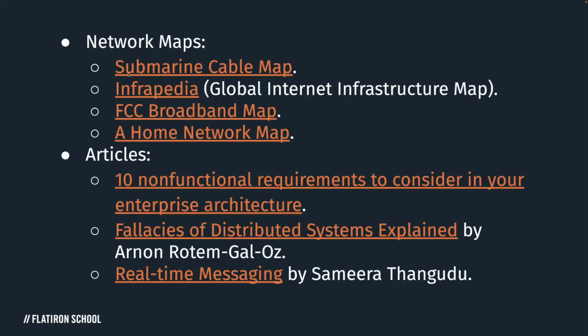And then finally, these are some resources that will help you visualize the network maps that I showed earlier, and then some articles that might be worth reading. Like this one here, Fallacies of Distributed Systems Explained, does a really great job of explaining the fallacies, like why they're fallacies in the first place. And then this one is just the link to the Slack architecture I showed you, right?